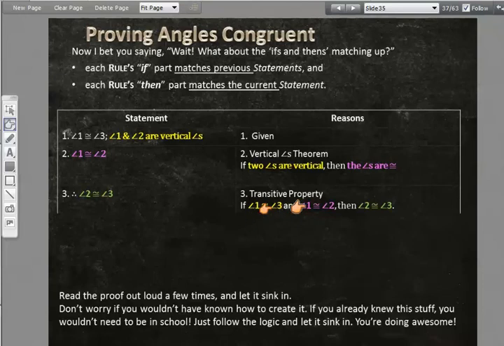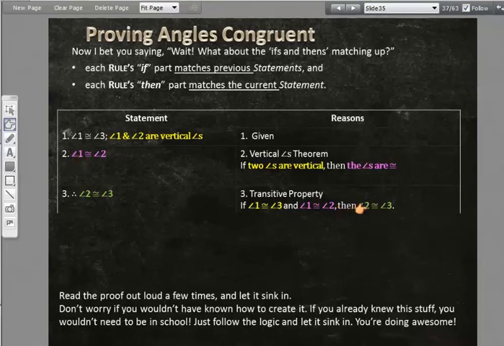But notice this right here. It says, and angle 1 is congruent to angle 2. I'm sorry, I have no idea. This probably shouldn't be yellow at all. So angle 1 is congruent to angle 2. That matches up with my previous statement, correct?